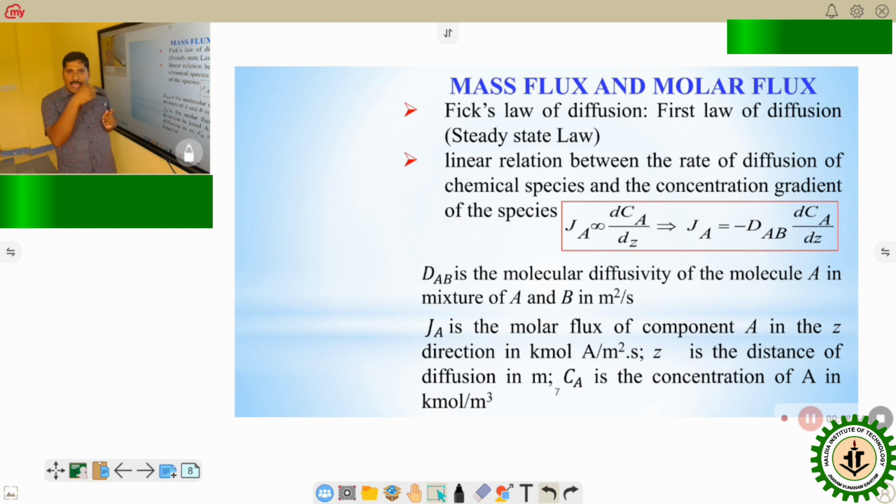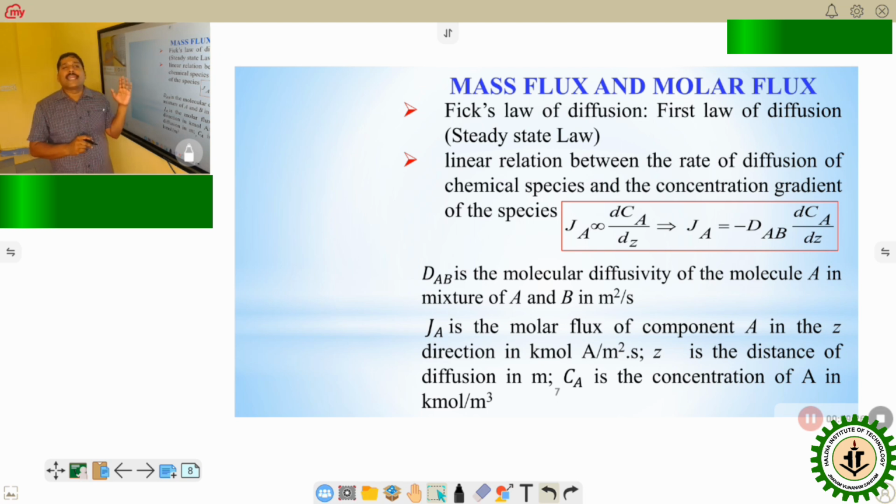K is the thermal conductivity, A is the cross-sectional area, mainly the heat transfer area, and dT by dx is the temperature gradient, difference in temperature per length. Okay, there also one negative sign was there. Here also one negative sign is there. Same if we consider the momentum flux: tau equal to minus mu du by dx.